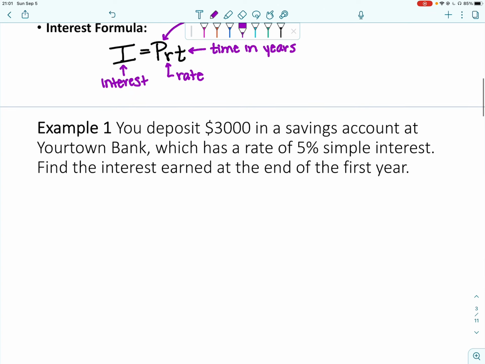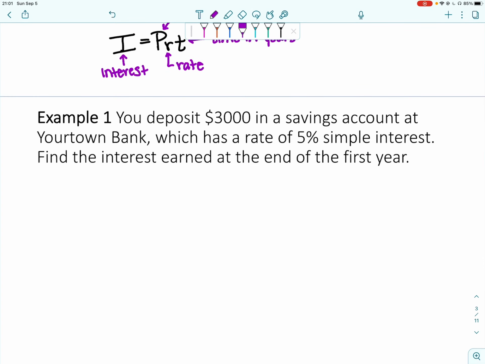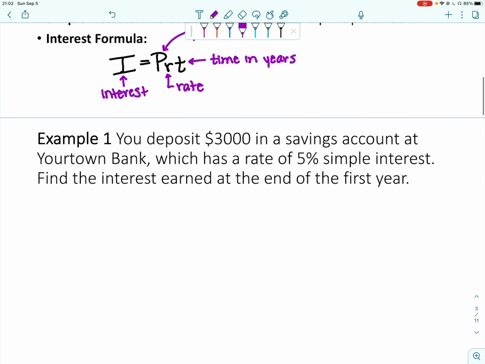So looking at an example: you deposit $3,000 in a savings account at your town bank, which has a rate of 5% simple interest. Find the interest earned at the end of the first year. So we're finding the interest earned at the end of the first year.